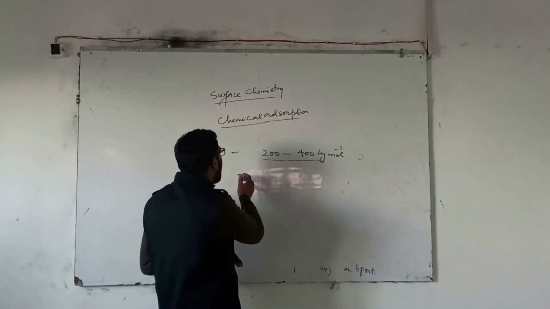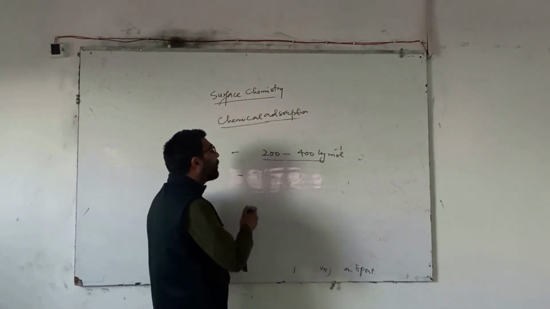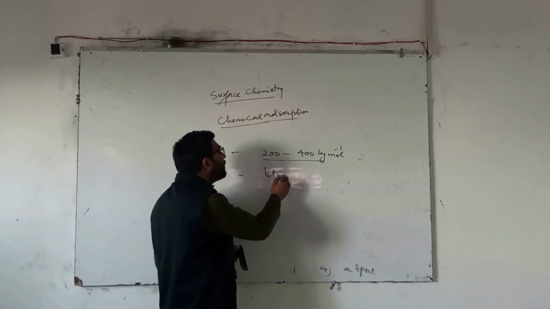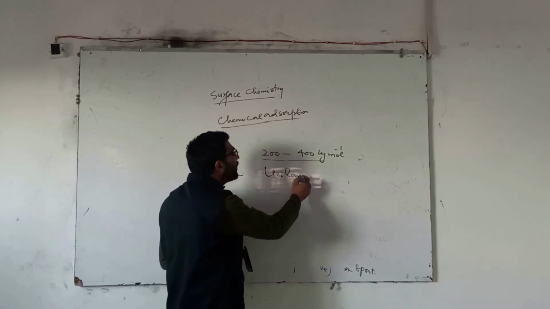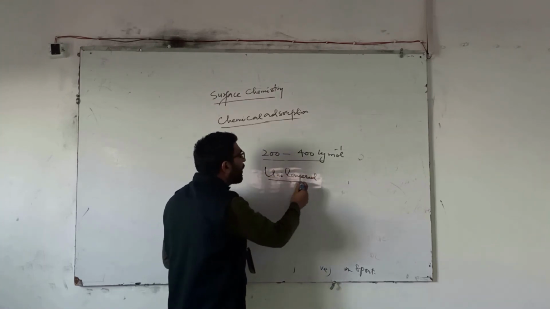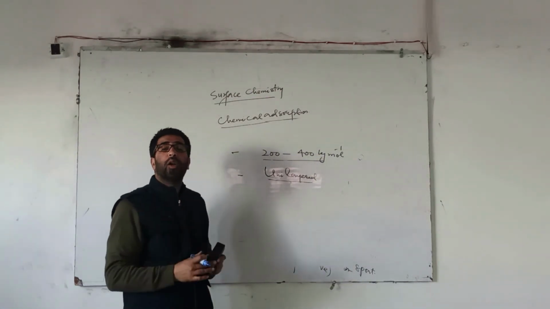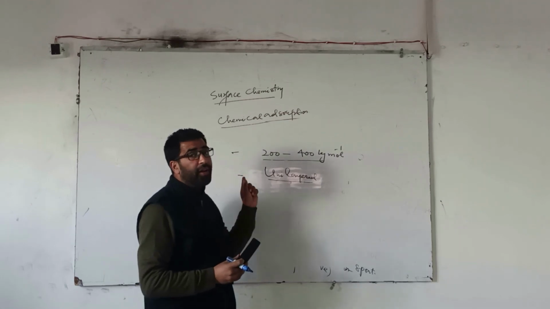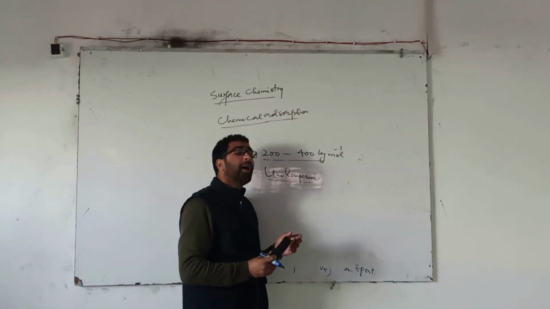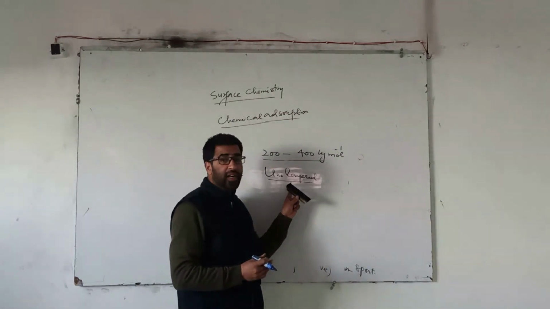Now, next point, this type of adsorption is unilayer. There cannot be the formation of more than one layer. There can be the formation of only one layer. As you have read, physical adsorption is multilayer, this is unilayer.